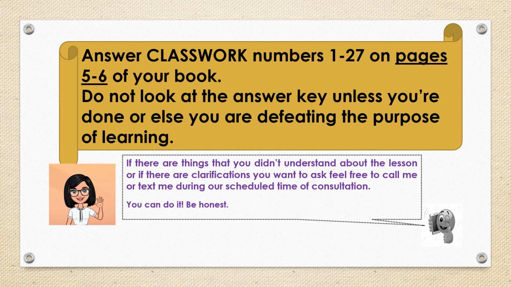Do not rush things. You may answer it tomorrow if you want to, or you answer 1 to 10, then tomorrow you may answer the other ones, but do not rush things. But if you can answer it today, it's very good. Now, do not look at the key answers unless you're done, or else you are defeating the purpose of learning.